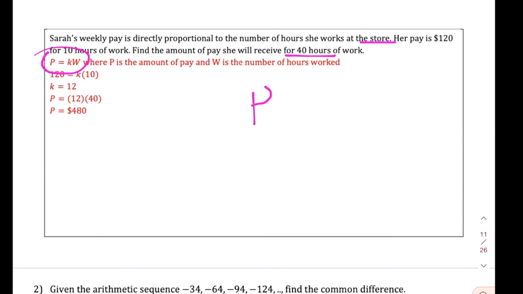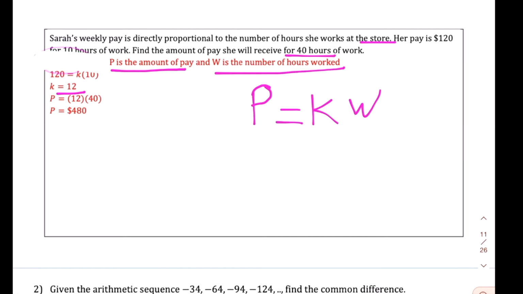So direct proportion, so payment equals constant times w. W is the number of hours, and p is the amount she gets paid. And k equals 12. How do we know that k equals 12? By just substituting. You substitute the information you have. You have here the payment is 120.